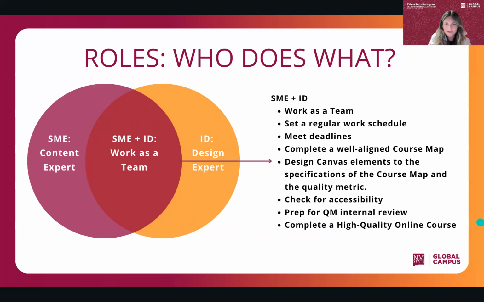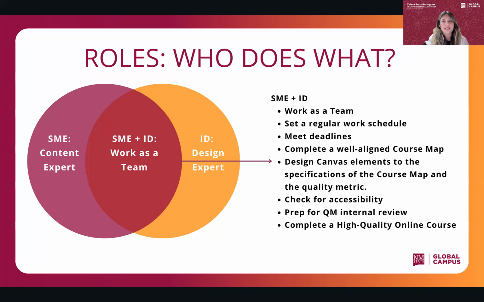And together as a team, we work on a regular work schedule, and we started implementing weekly meetings around 2023 to meet deadlines to create a well-aligned course map. It's the responsibility of both the SME and the ID.